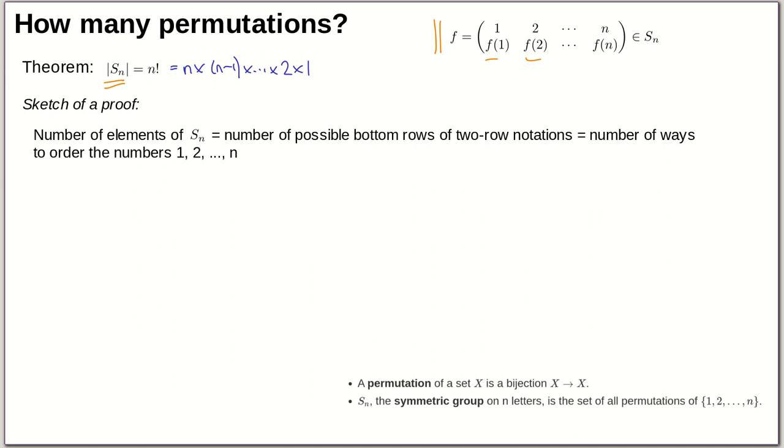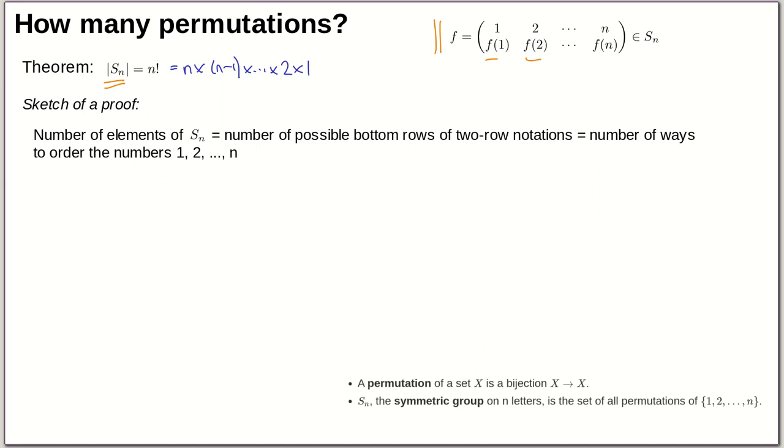Before we get into our sketch proof, let's just convince ourselves that this seems plausible by looking at an example, say n equals 2. To think about how many permutations there are of the set 1, 2, we're just going to think about what the possible bottom rows of a two-row notation for a permutation in S2 would look like.